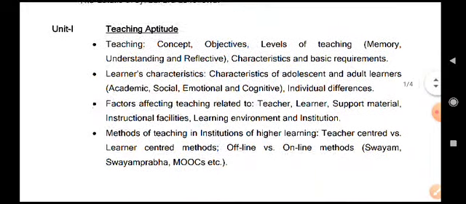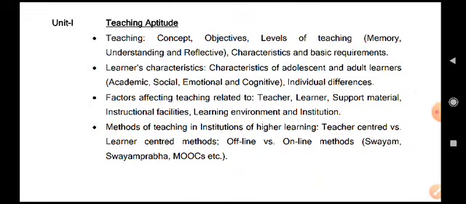So here are the 10 units which are given. The first unit is teaching aptitude. In this unit, what the exam generally wants from a candidate is it tests whether the candidate has ample knowledge about the different concepts of teaching, the levels of teaching, may it be memory level, understanding level and reflective level, and also the learner's characteristics, so that a teacher can identify a learner from the various aspects and individual differences.